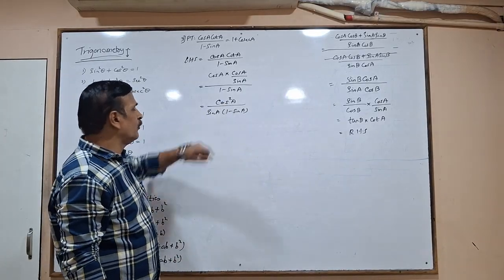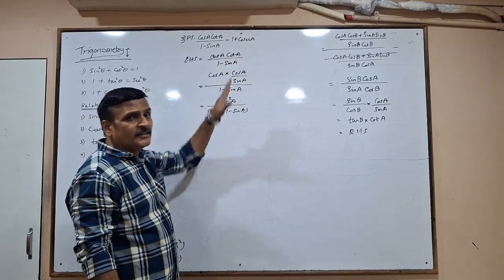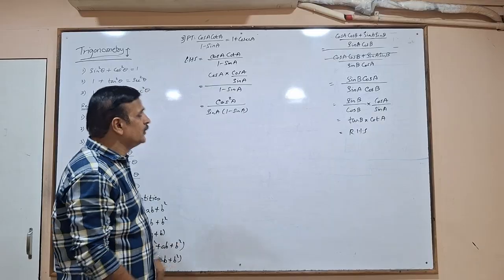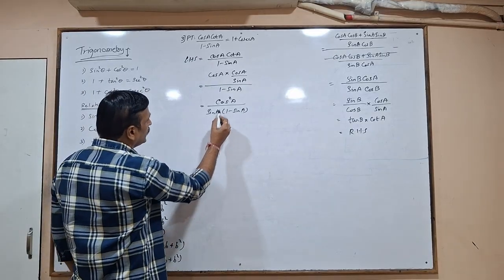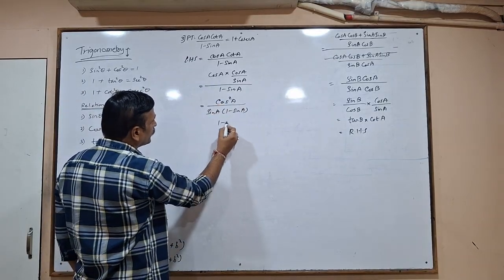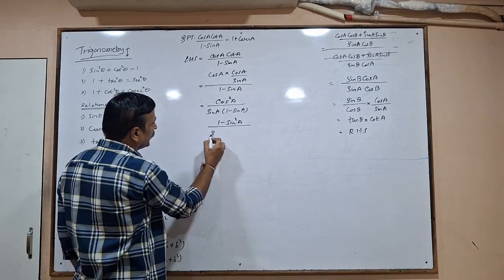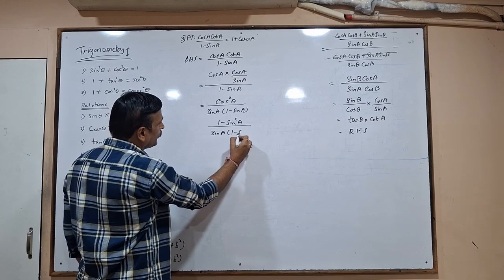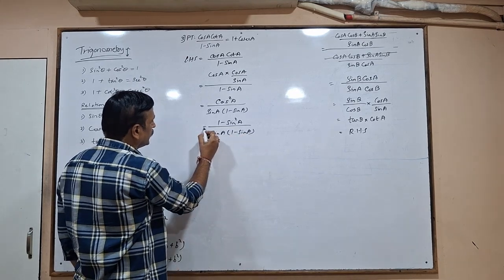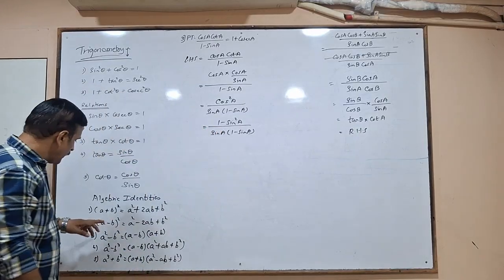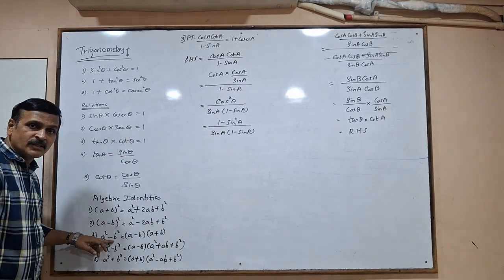Now, cosec is related to sin, but cos is not. So I don't want cos. So I'll write cos square A in terms of sin square, which is 1 minus sin square A, over sin A into 1 minus sin A. Now it is of which form? It is of an algebraic identity form, A square minus B square.